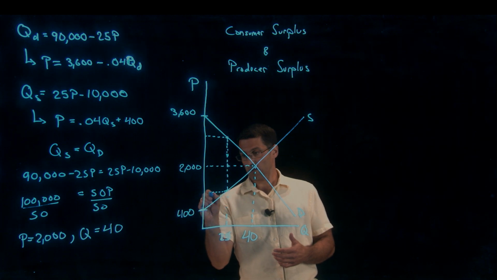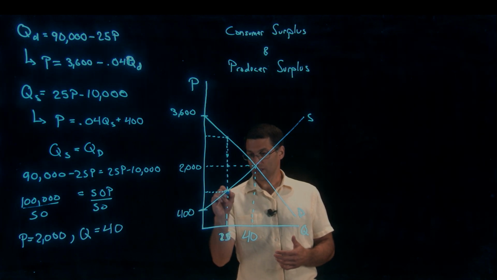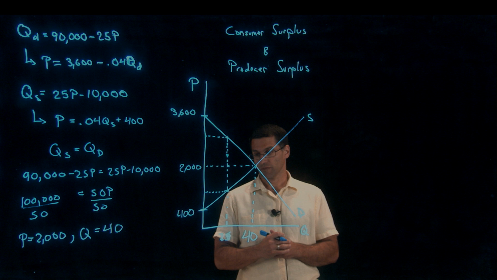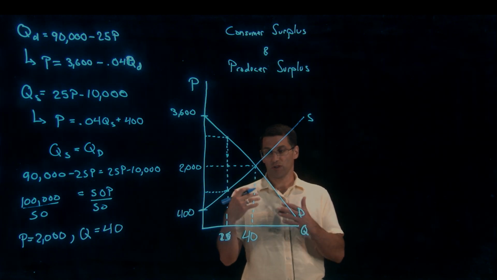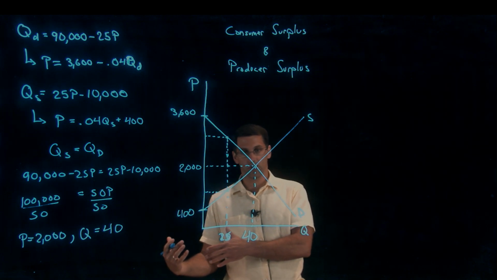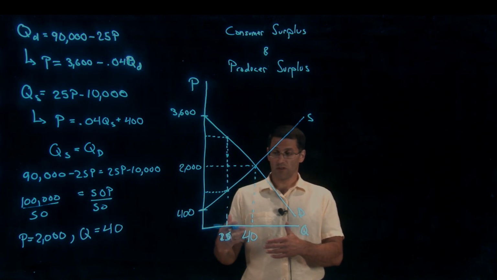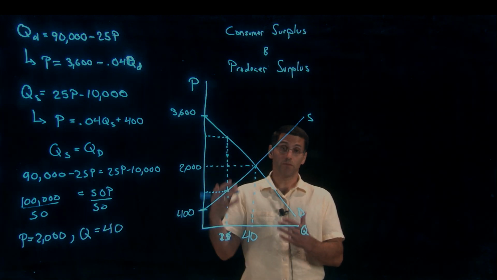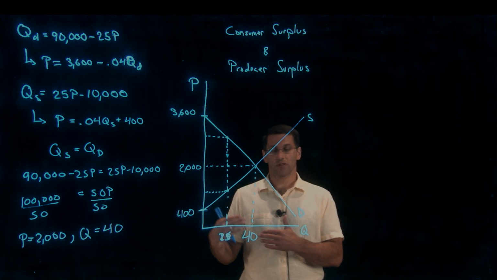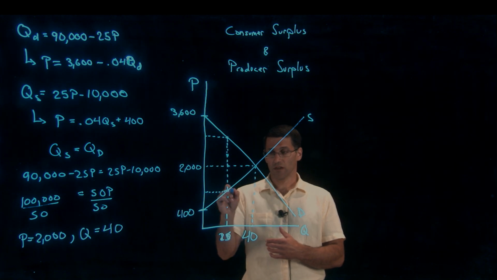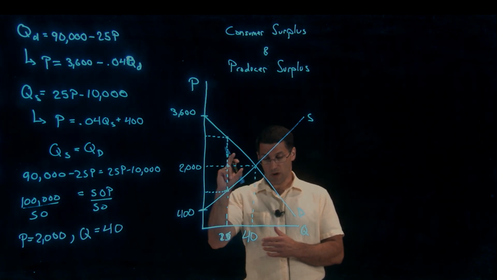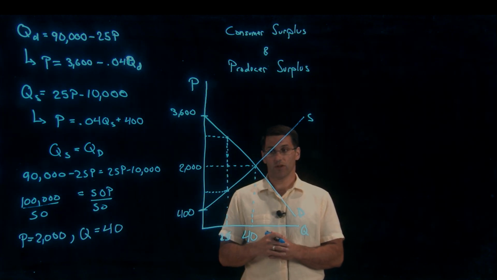So at 15, that's this amount here. But they actually receive 2,000. In equilibrium, for this 15th unit of the good, the seller is receiving more than the minimum needed to get that producer to produce and sell that unit of the good. So that's the producer surplus from just that 15th unit.